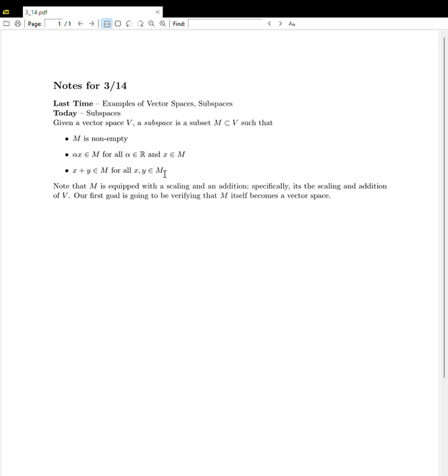Nothing crazy or interesting there. All right, and then similarly, literally all of the scaling axioms are going to be for free, because the scaling here behaves in V, and for any element of M, the scaling is going to behave nicely. So 6 of the 8 axioms are just immediate and don't require any real justification.